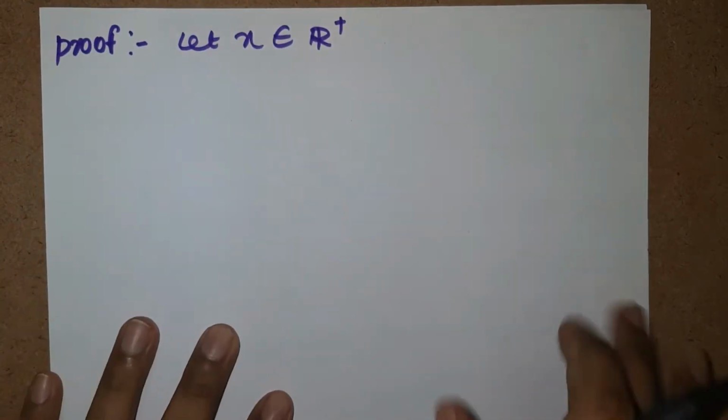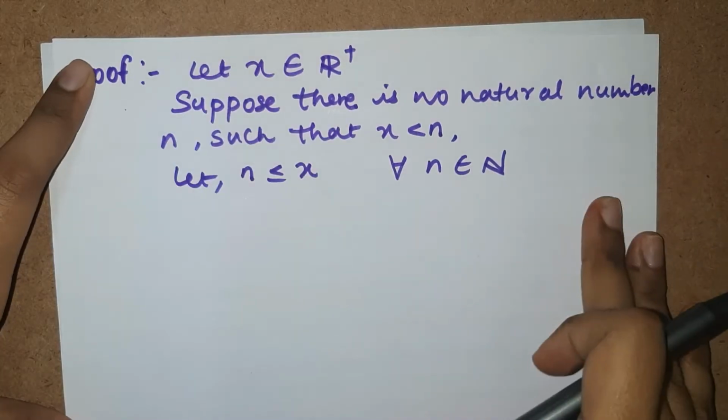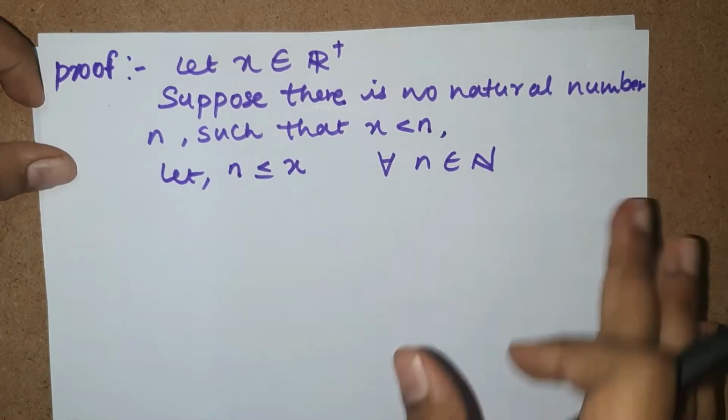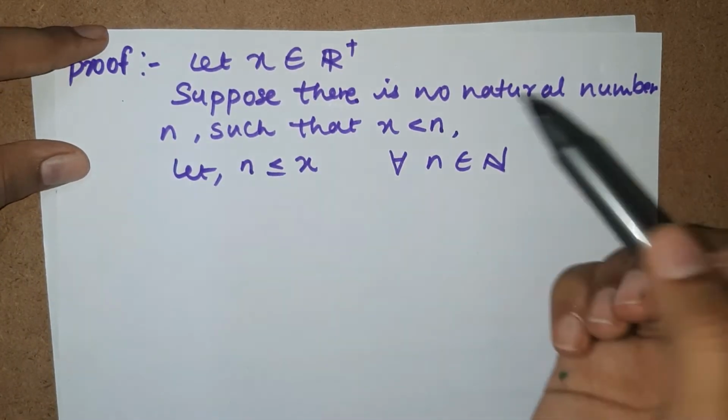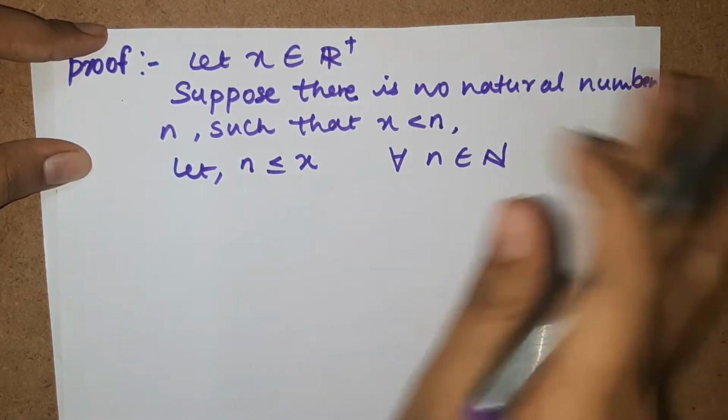First of all, we say let x belong to the real numbers. Then we suppose that there is no natural number n such that x is less than n. So this condition does not exist.